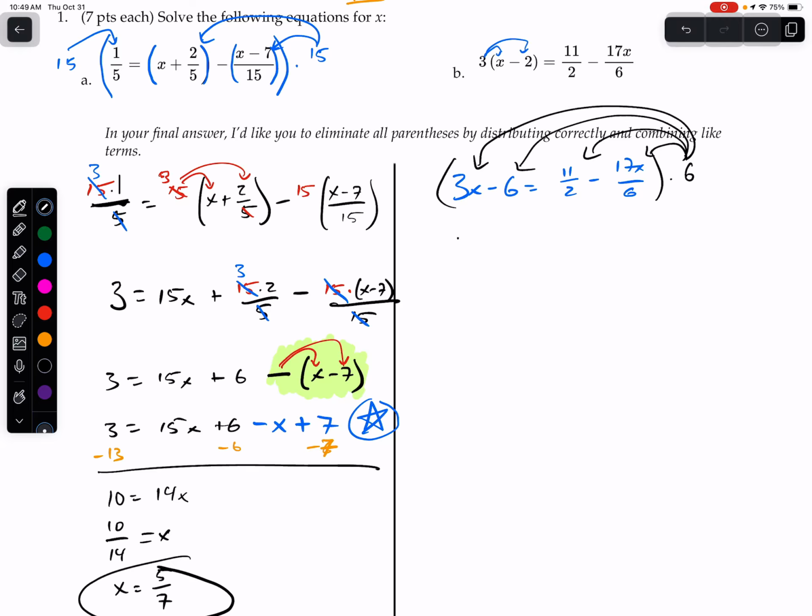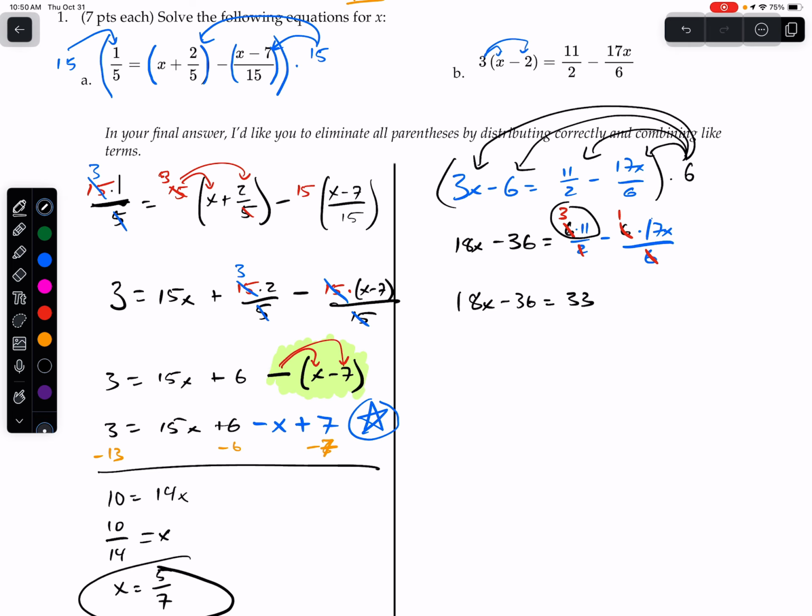So 6 times 3 is 18x. 6 times 6 is negative 36. This is 6 times 11 over 2 minus 6 times 17x over 6. So this 2 goes into that 6 3 times. This 6 goes into that 6 1 time. So we'll end up with 18x minus 36 equals 33.